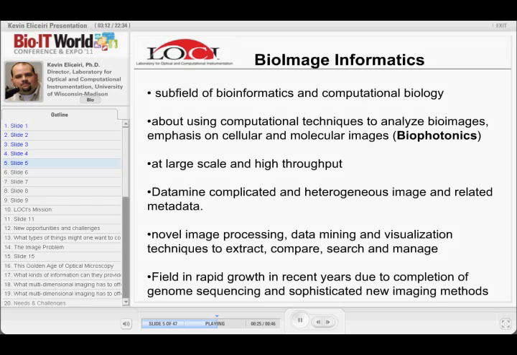You'll be hearing, I think, a few talks about ontology and metadata and the challenges that, again, the opportunities. And with every challenge, there is an opportunity. And then novel image processing methods, ways to actually extract this data. And then this field is in super rapid growth, in large part due to just some amazing new tools that have been developed that I'll briefly talk about, but also parallel technologies like the genome sequencing effort.